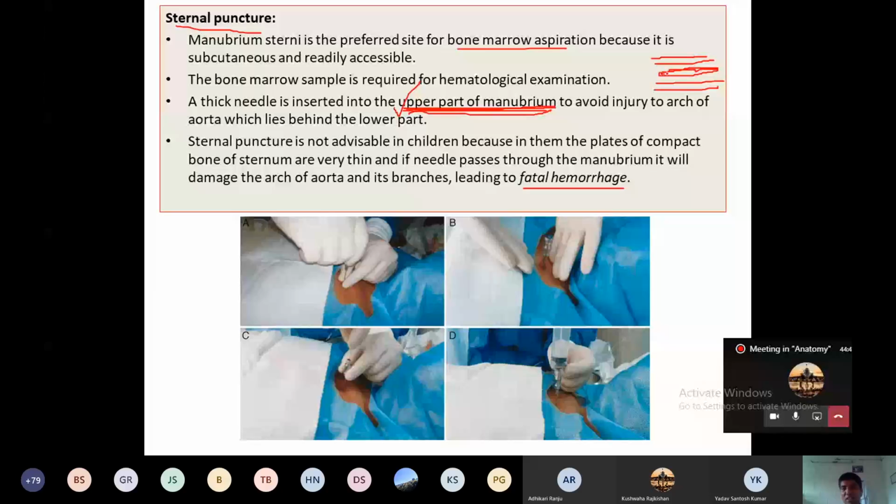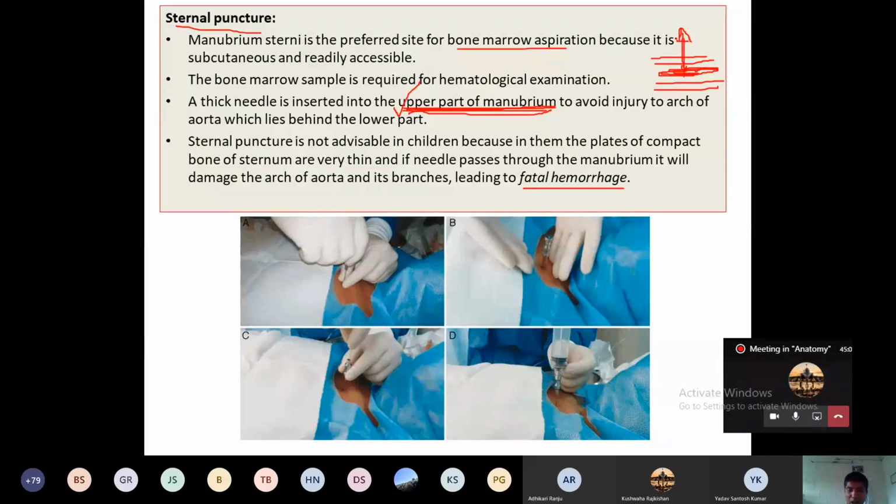The needle passing from the outer table of the manubrium will reach the spongy part of the bone, or the cancellous part, or the hematopoietic tissue, and from here we can take out the bone marrow for the pathological examination.